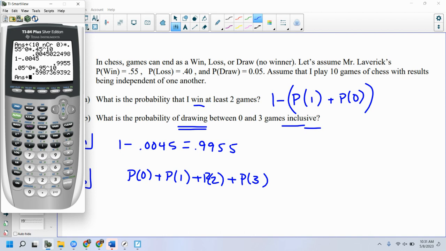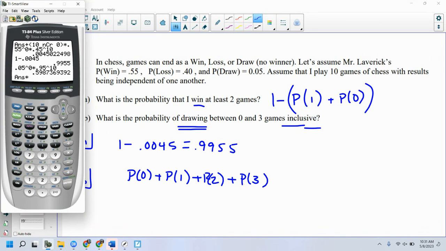plus 10C10 or 10C, excuse me. Oh wait, I did 10C10. 10C10 is not what I wanted. I wanted 10C0. Stupid Mr. Laverick.